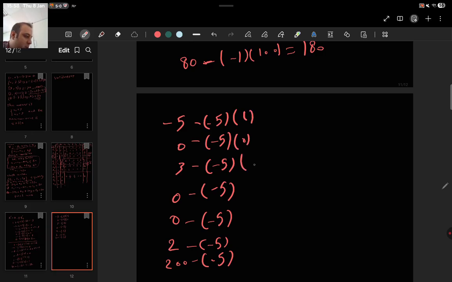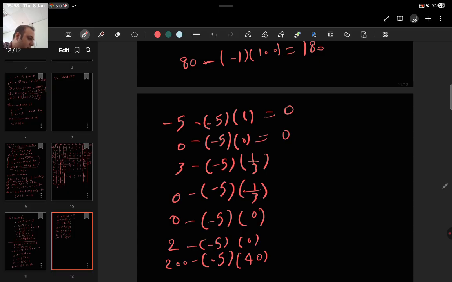The new pivot row: 1, 0, 1/3, 1/3, 0, 0, 40. This one also becomes 0.